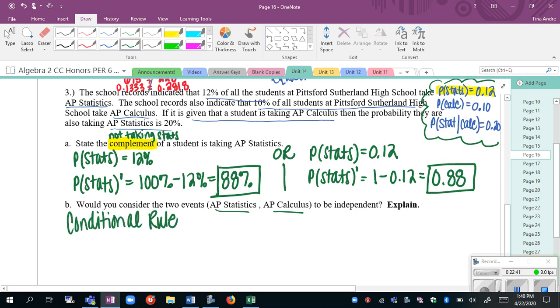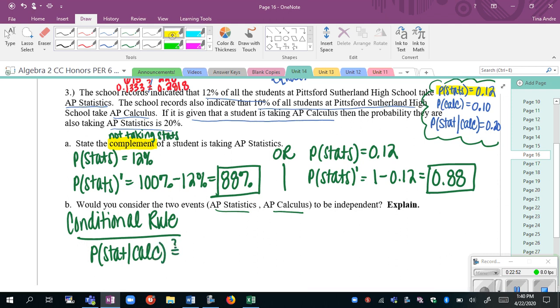Since I have a conditional probability, I have the probability of stat given calc. I want to know, is that equal to the probability of stat by itself? Remember what I said, whatever's first here has to match with what you're finding the probability of by itself. So it would have to be the stat that I compare.